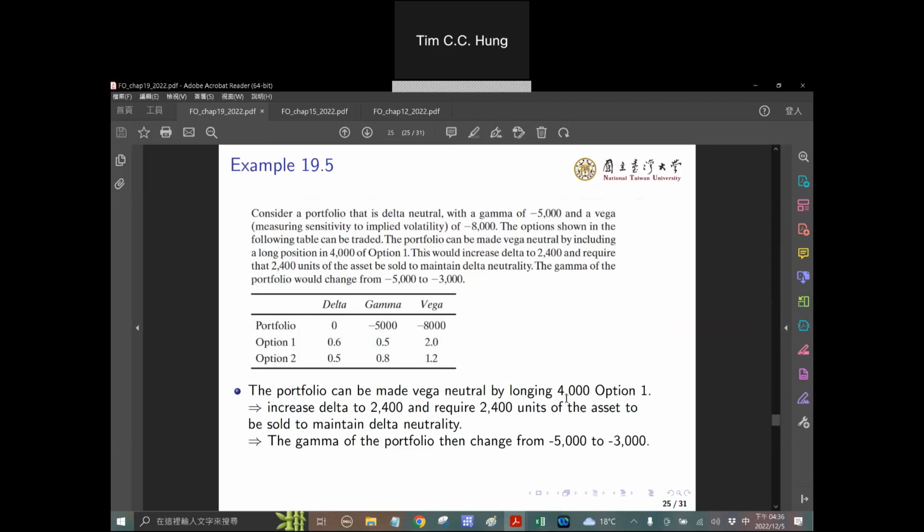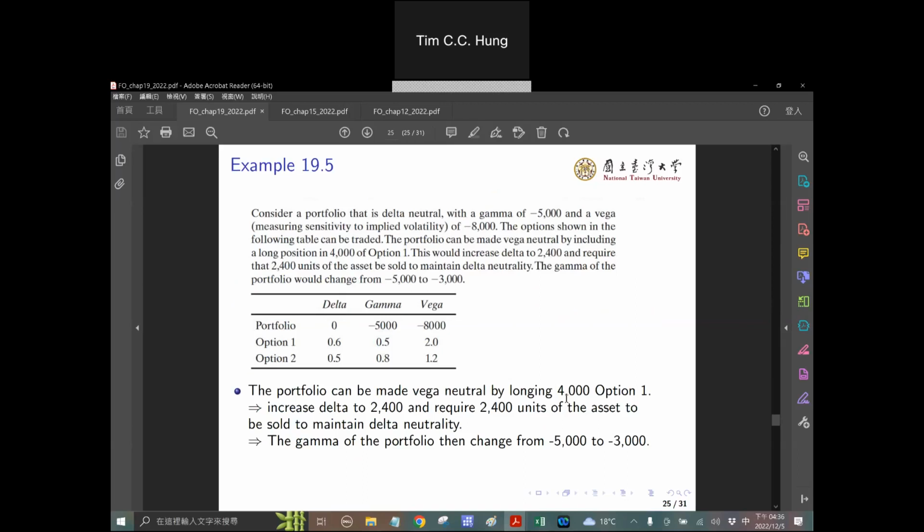So how do we do that? The fortunate thing is that usually, if you take partial derivatives, these partial derivatives are usually additive. So basically, you can just reconstruct your portfolio with some options to get rid of the gamma and the vega loadings.